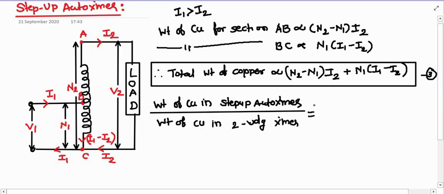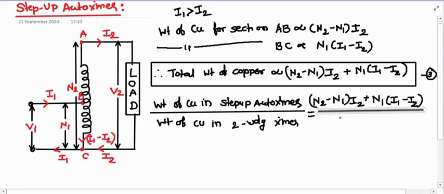That will be equal to (N2 minus N1) into I2 plus N1 into (I1 minus I2) divided by, what is the weight of copper in 2 winding transformer? Copper weight in primary plus copper weight in secondary.